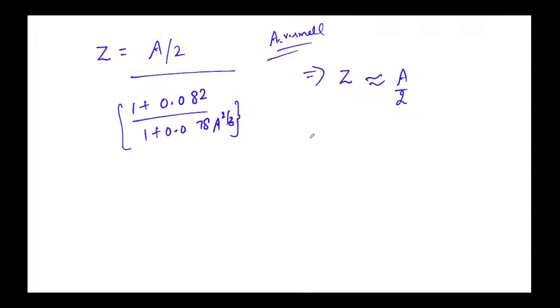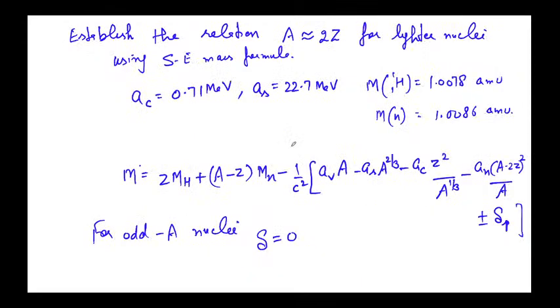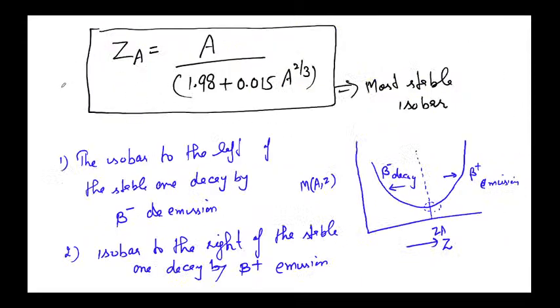Otherwise, you can use the expression which we wrote in our previous equation for heavier nuclei, that is Z equals A over 1.98 plus 0.015 A^(2/3).